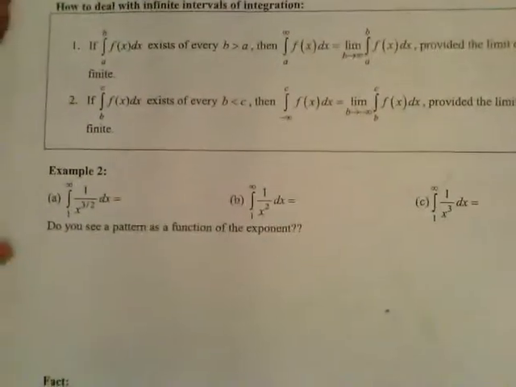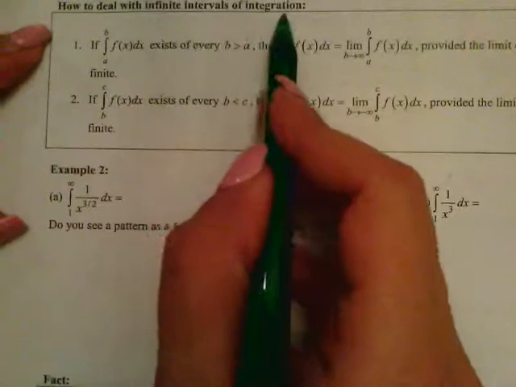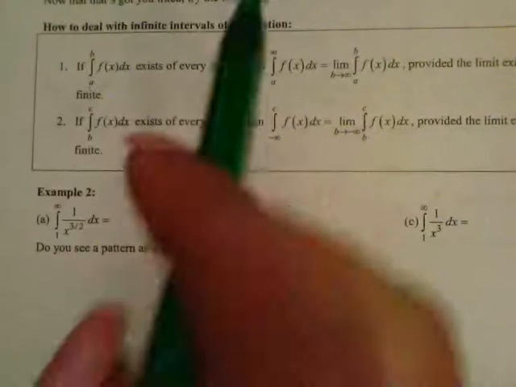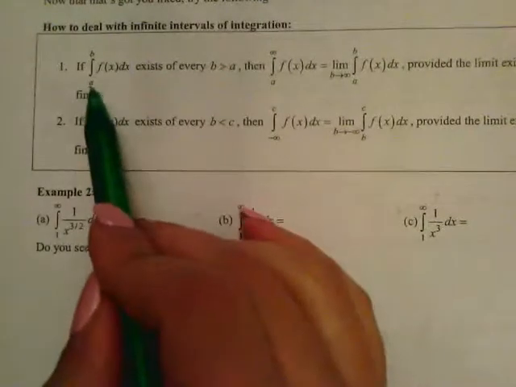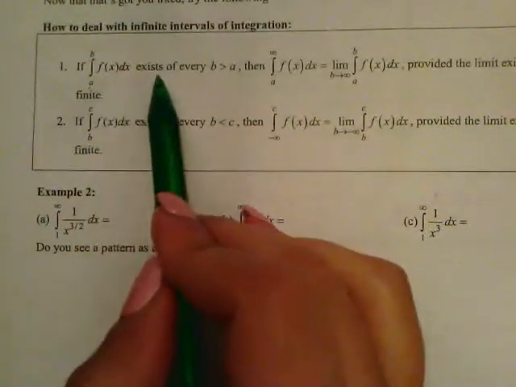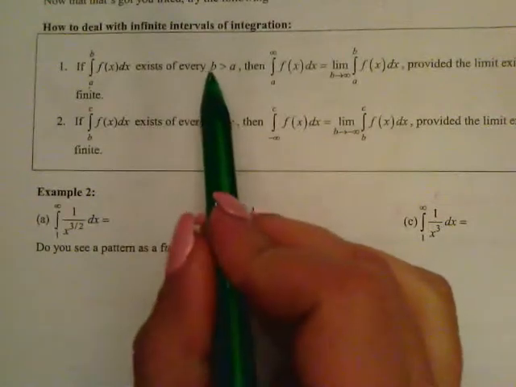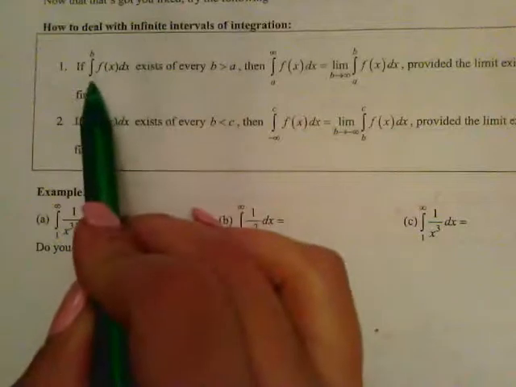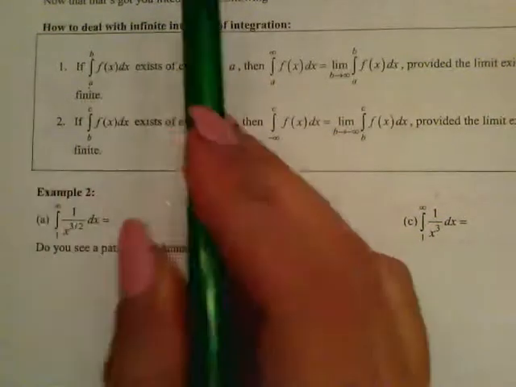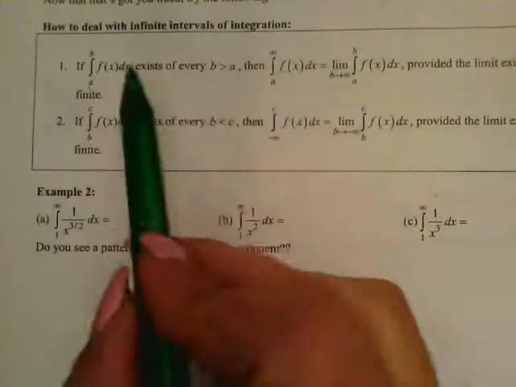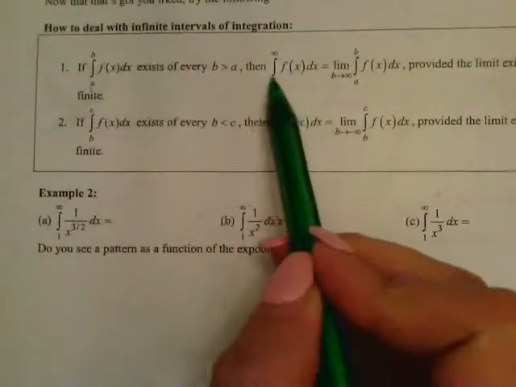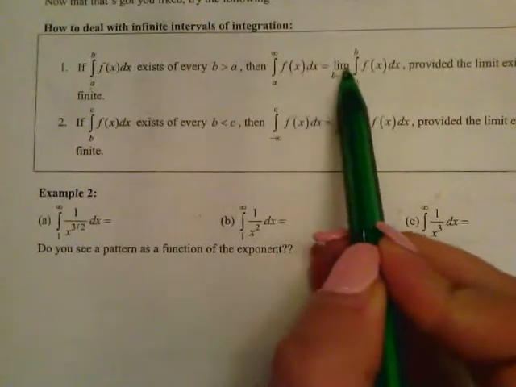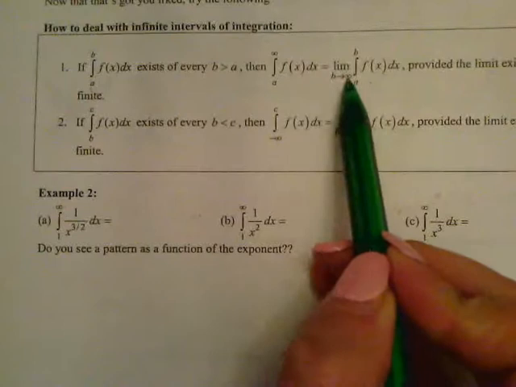All right, so how do we deal with infinite intervals of integration? Well, we have a definition. Basically, the idea is that if the integral from a to b of f of x exists for every b greater than a, so that means we're going from 1 to some bigger number, then the integral from a to infinity of f of x can be rewritten as the limit as b approaches infinity.